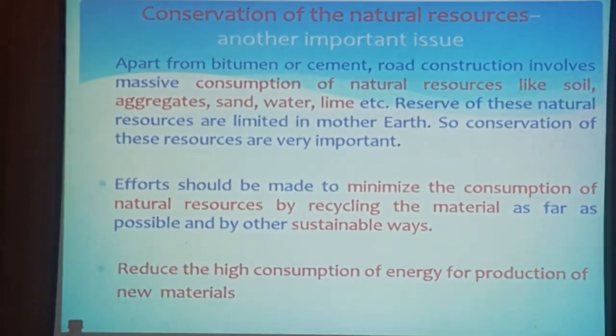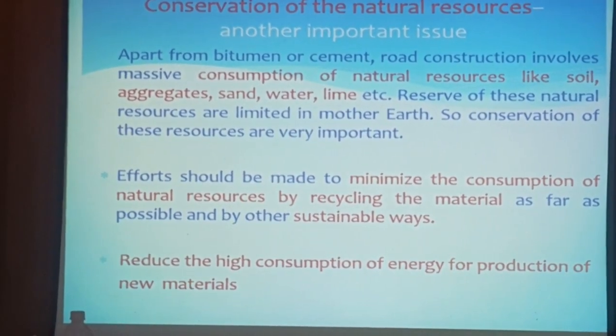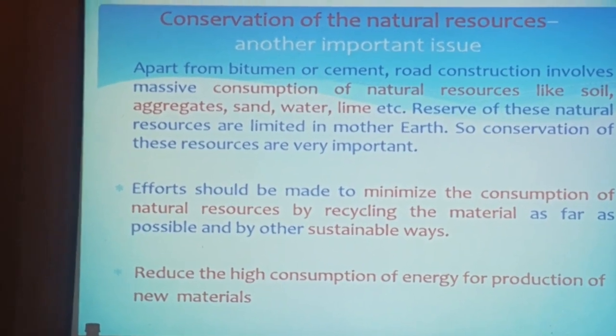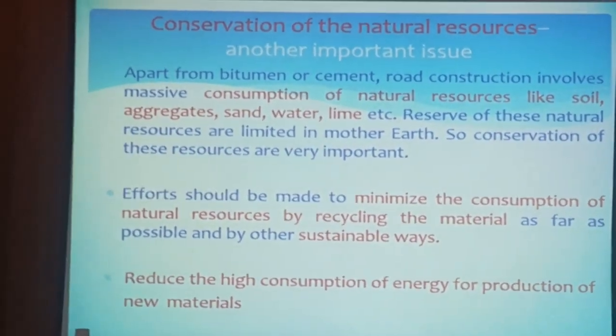All these are natural materials, so we need to conserve them. Consumption of these natural materials should be as little as possible. How to do it? Reuse, recycle, and reduce. We call them the 3 R's. These are the 3 methods by which we can conserve our natural resources.